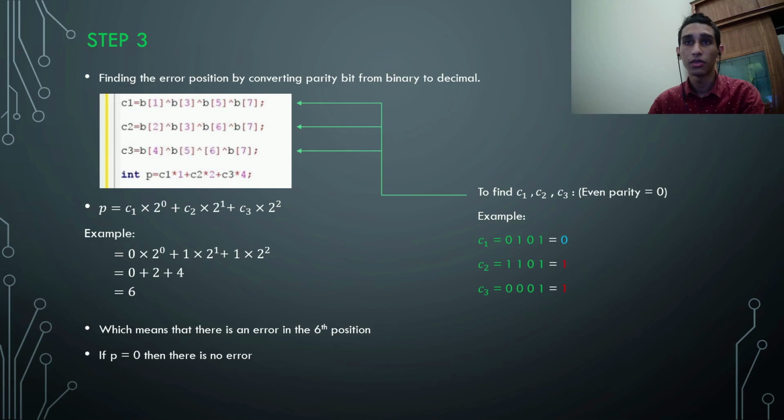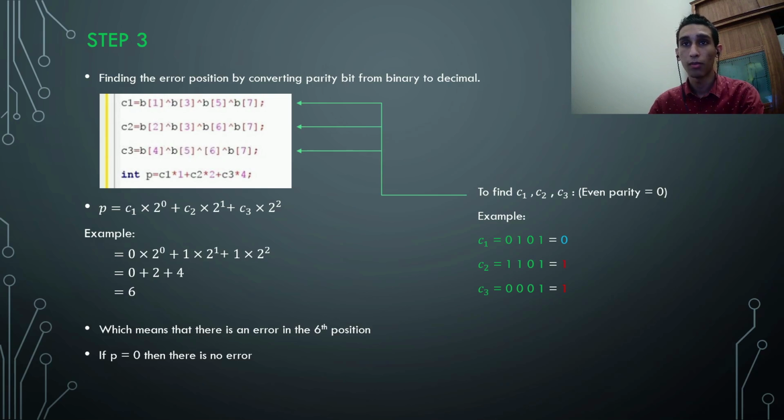Now we can change this from binary to decimal, which can be seen in the 4th line of code, which is P equals C1 times 2 to the power of 0 plus C2 times 2 to the power of 1 plus C3 times 2 to the power of 2, where P is the position of the error.